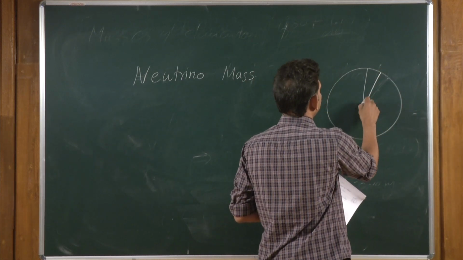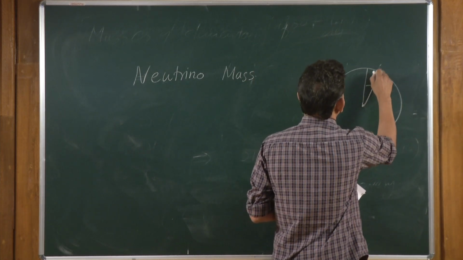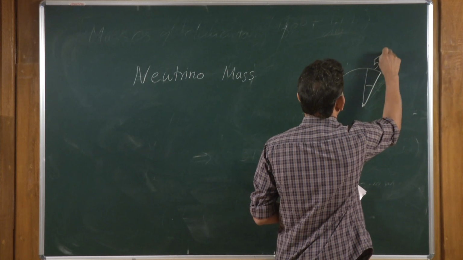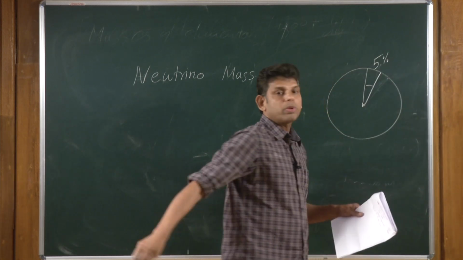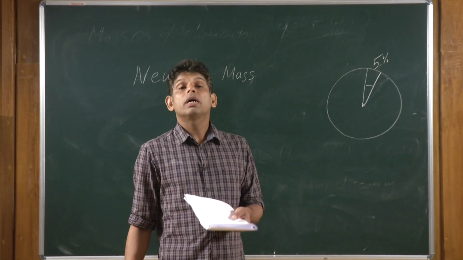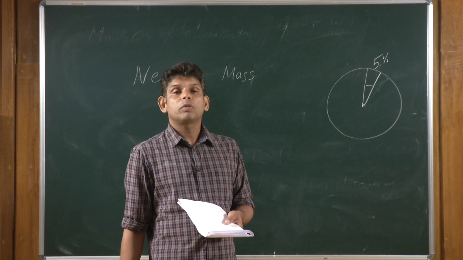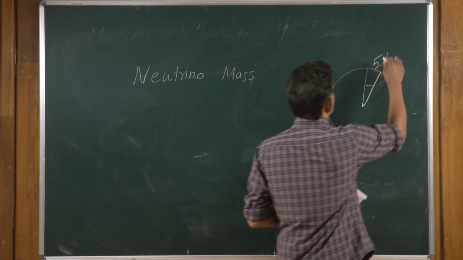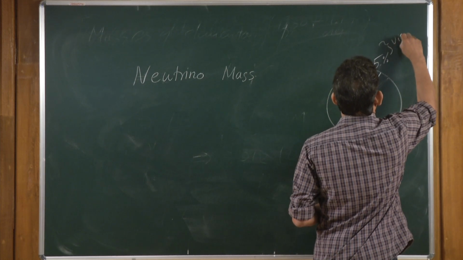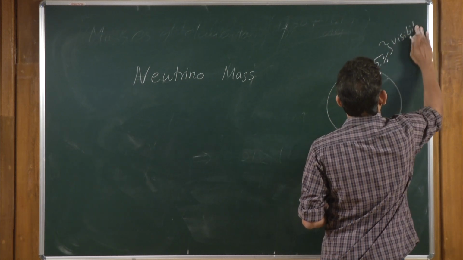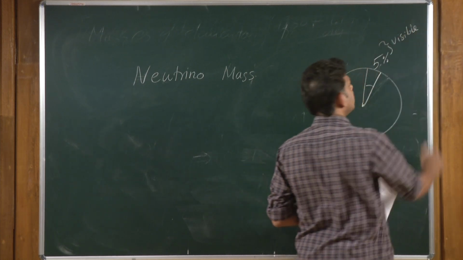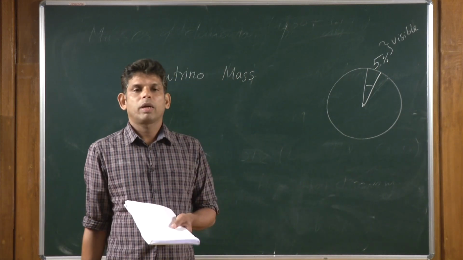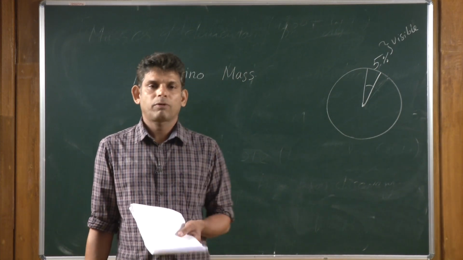Apparently, observations lead to the fact that only about 5% of the total mass of the universe is understood through the visible observations that we do.